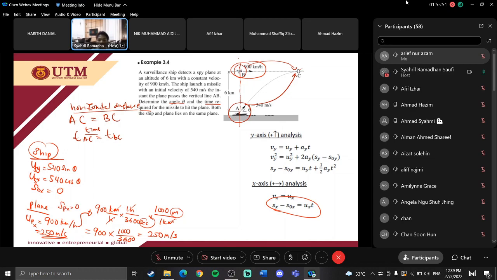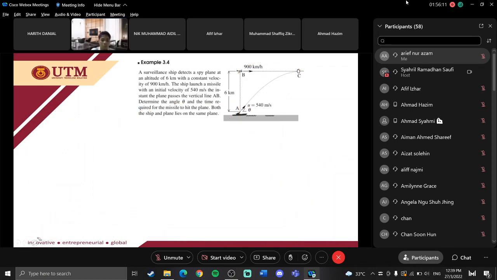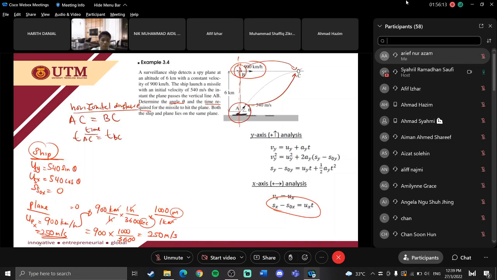Along the x-axis, s naught x is the initial displacement. So here is s_p naught x. The naught is to represent the initial value.